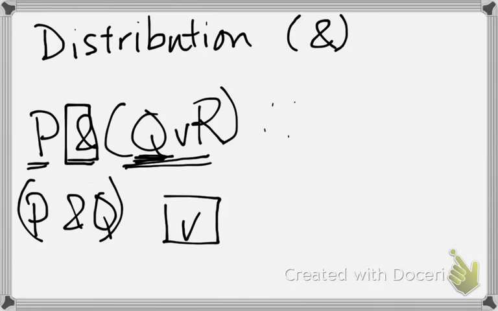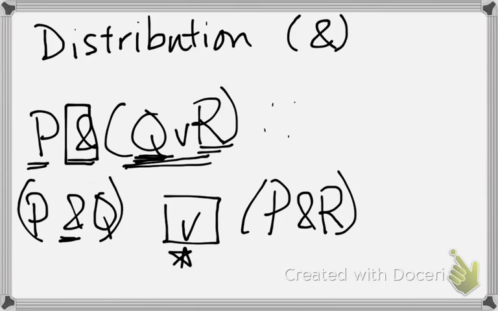We're going to end up with something with ands as the subconnector and or as the main connector. And then the other side of the disjunction will also have the P, and then it will have the right disjunct. Does that make sense?